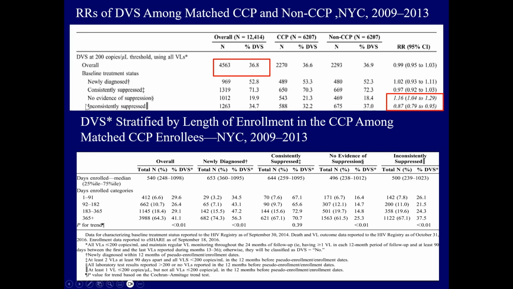Similarly, among the people who were inconsistently suppressed, the CCP enrollees had a 0.67 risk of durable viral suppression compared to their non-CCP counterparts. And among the newly diagnosed and consistently suppressed people, whether they enrolled in the CCP program had no effect on the durable viral load outcome.